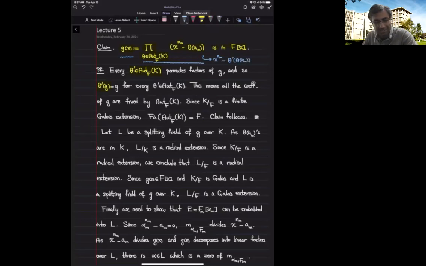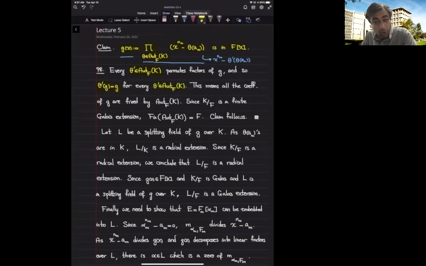Now I have to consider the product of these terms. But notice that theta prime theta ranges over the entire group of F automorphisms of K. I'm getting the same terms, I'm just permuting them. So when I apply theta prime to this product, I'm just permuting the terms of the product. I'm not changing the product at all. So theta prime of G is still G, no matter what theta prime I pick from this group.